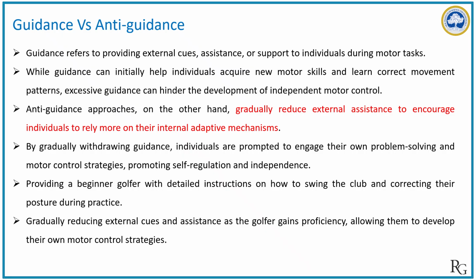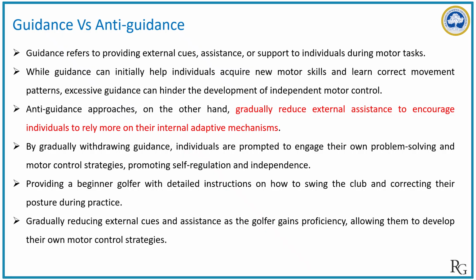As the golfer gains experience, the coach begins to reduce verbal cues and physical correction. This is the anti-guidance approach. Now the golfer has to adjust their own posture, analyze their swing, and self-correct based on the feedback from the ball trajectory and the feel of the movement. This gradual transition enhances motor training because the individual is actively engaged in the learning process, not passively just following the instruction.